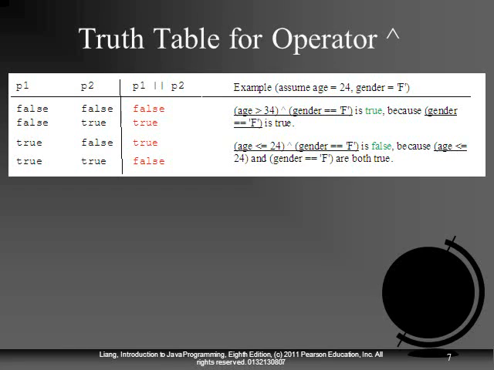We want only one or the other. You could test if gender equals male, exclusive OR, gender equals female. Can't be both, right? So we would use an exclusive OR for that. It doesn't change the outcome if they're both false. It still will be false. So it's a special case of the OR statement.